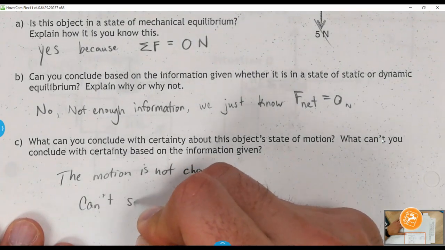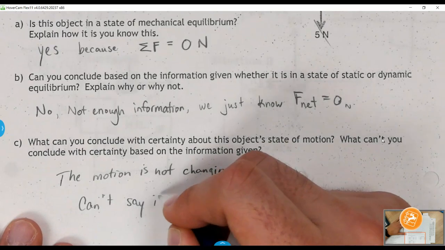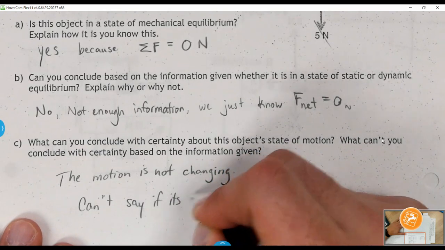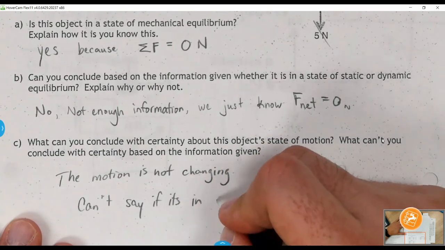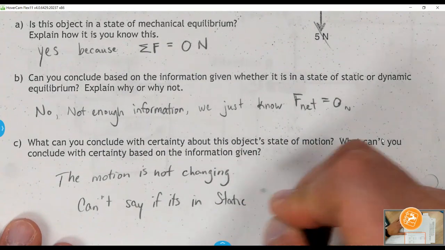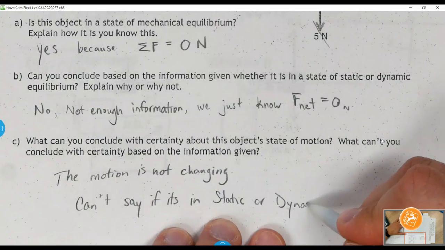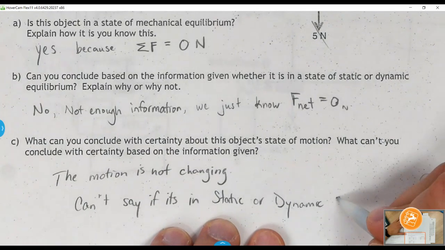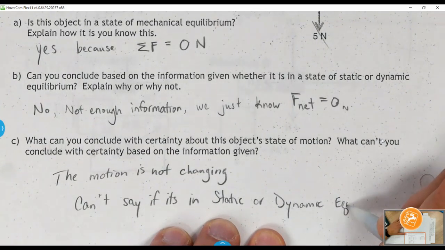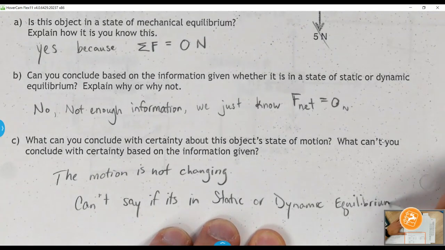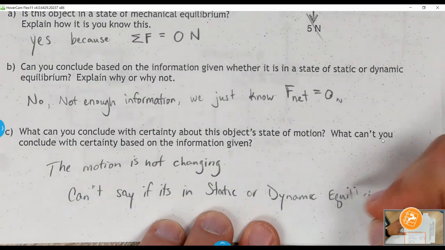Close. Can't say if it's in static or dynamic. Equilibrium.